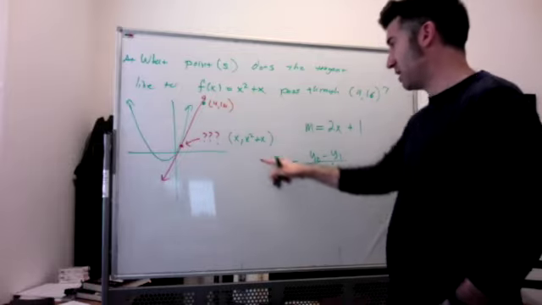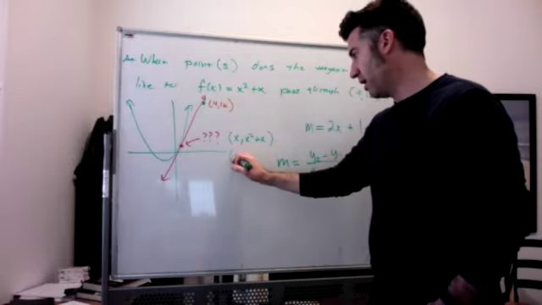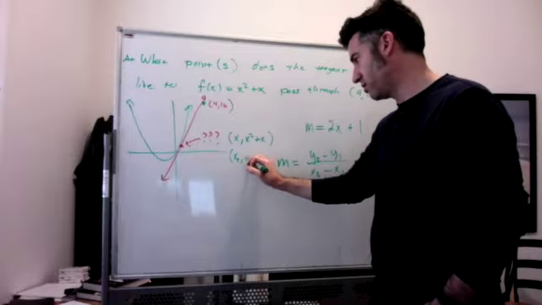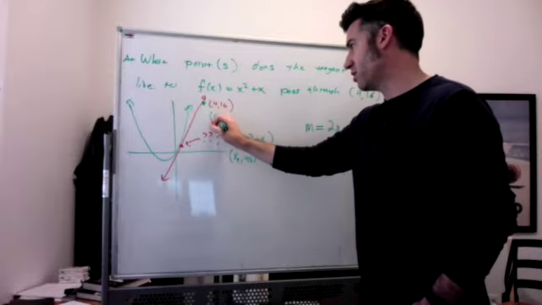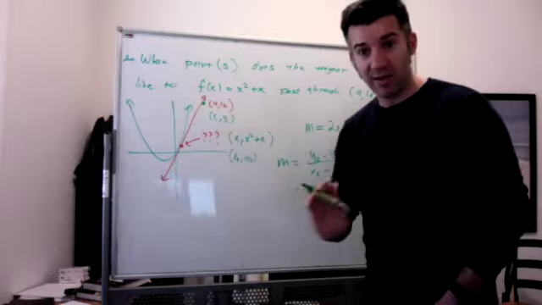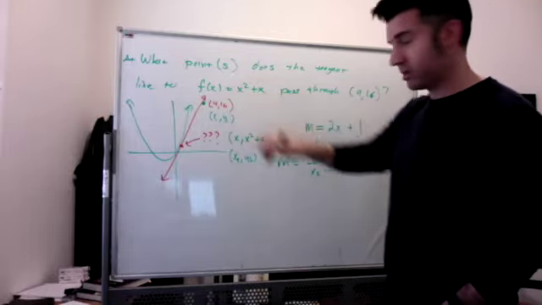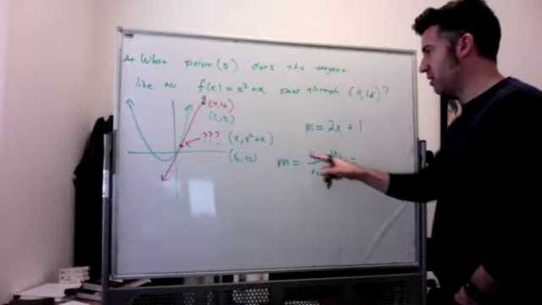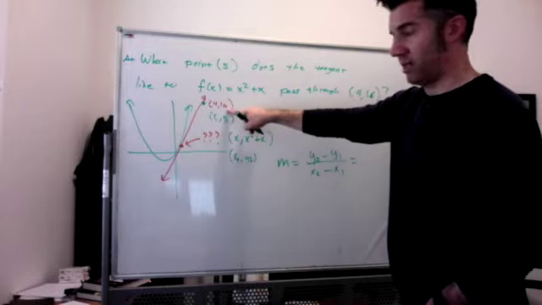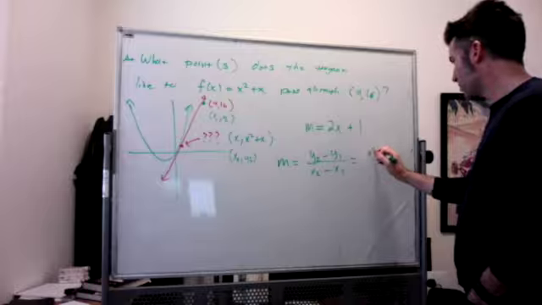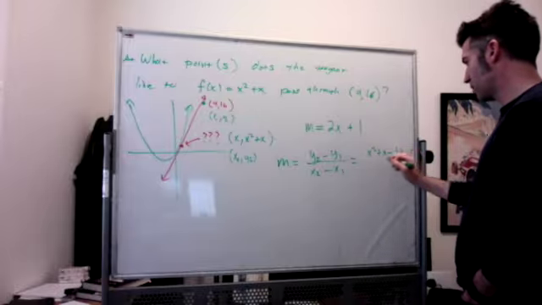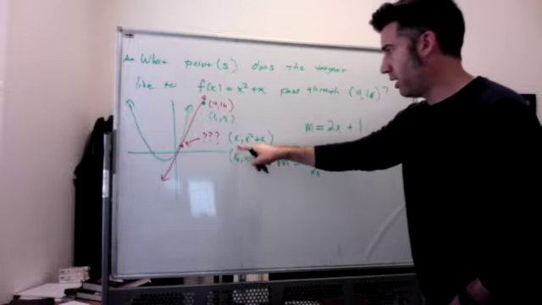So I'm going to say this is my x2, y2, and this is my x1, y1. Either way is fine. It's just usually easier if you do these ones minus these ones. So my slope is going to be x squared plus x minus 16 over x minus 4.